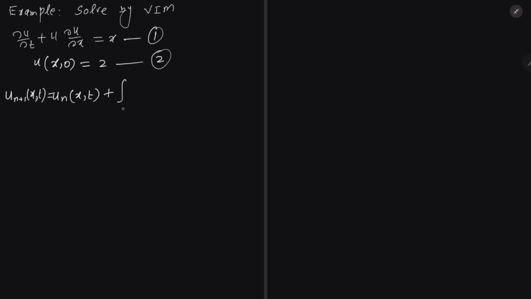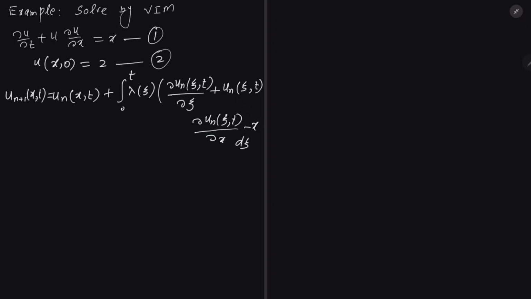So we have plus the integral from 0 to t of lambda(xi) times partial un(x,xi) by partial xi, where we replace this t with xi, plus un(x,xi) times partial un(x,xi) by partial x, and we have minus x dxi. So you can see that this is our correction functional.